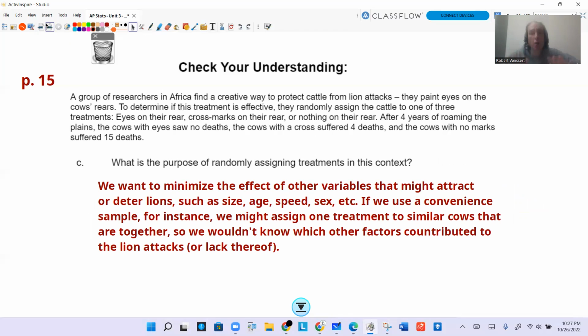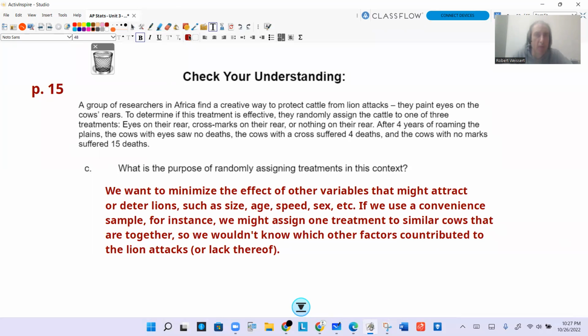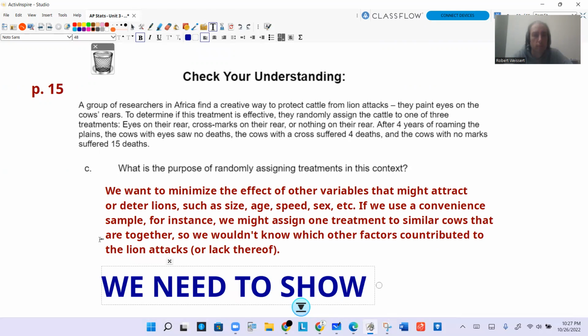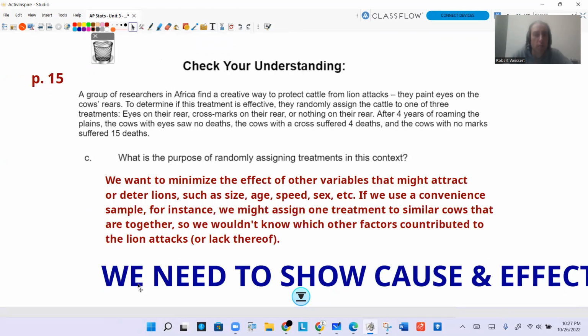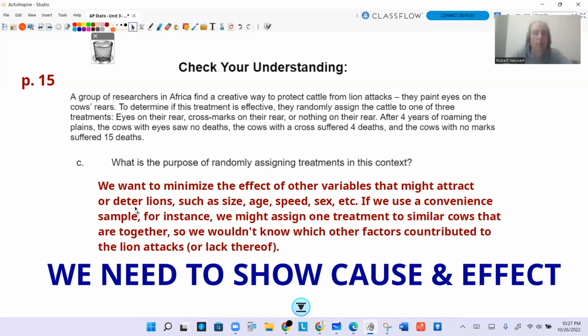We also need to show cause and effect. We cannot show cause and effect without random assignment. In fact, I don't know why I didn't type that on there. There. That is super important for cause and effect: random assignment.